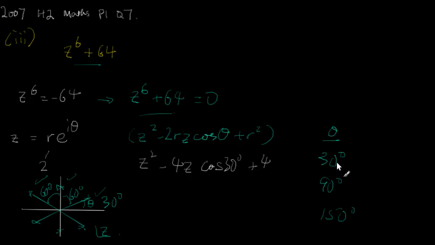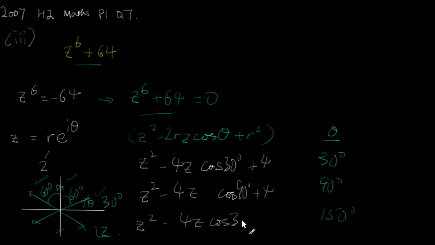So if theta is 30, one factor is this. If we do it for 90 degrees, z squared minus 4z cosine 90 degrees plus 4. Likewise for this one, z squared minus 4z cosine 150 degrees plus 4. Okay.